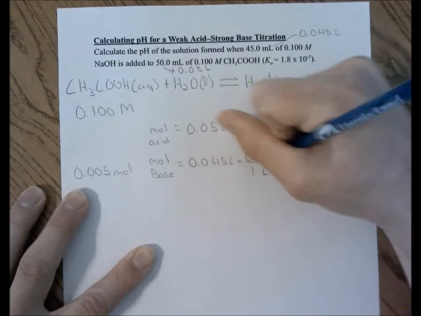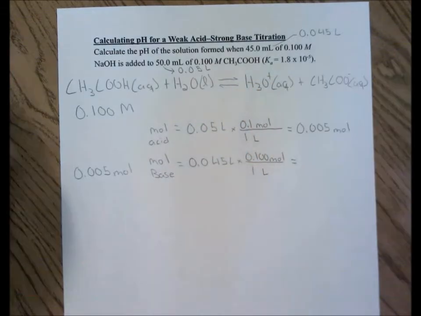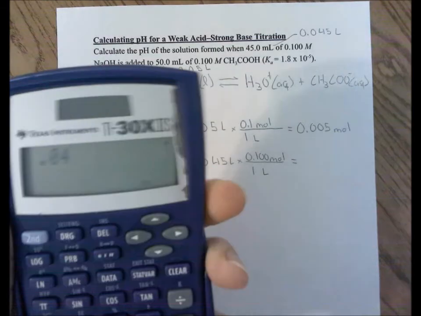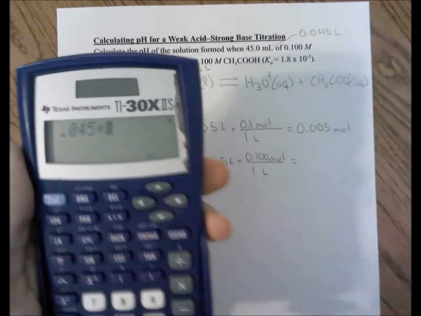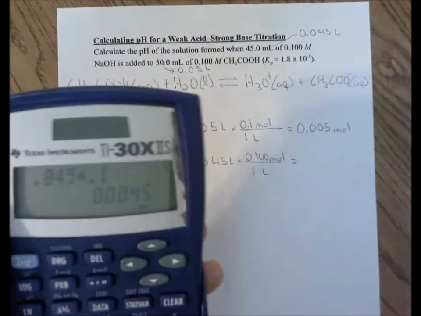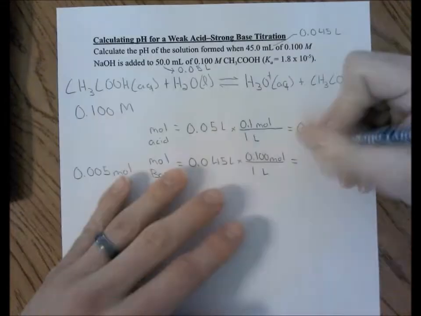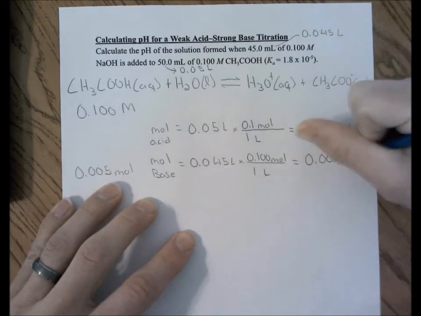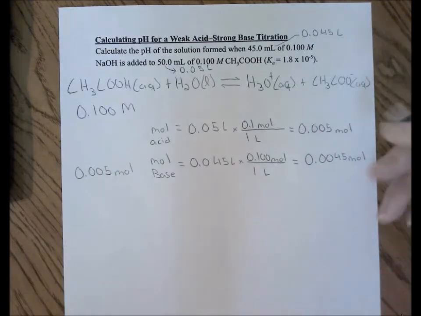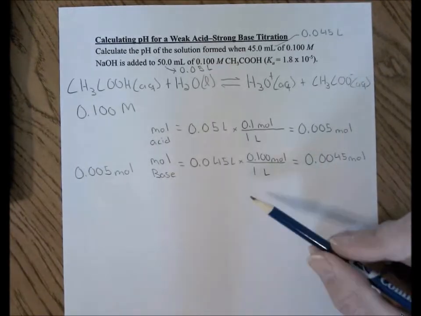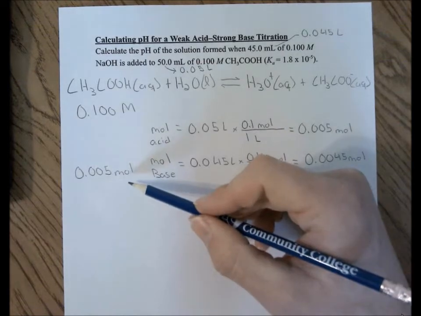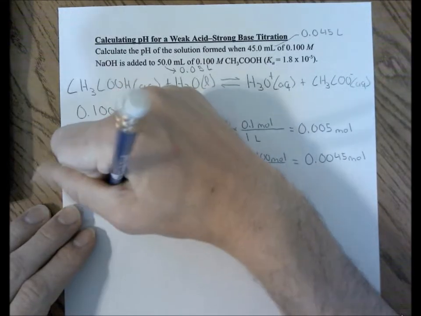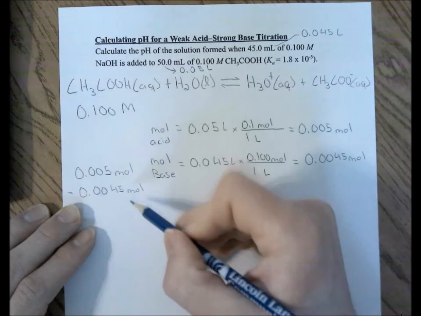So in solution, when we added this, we have 0.045 times 0.1 to give us 0.0045 moles of base. Now, it's really important to pay attention to this. For every 1 mole of base that we add, we have to take away a mole of acid. So we take away 0.0045 moles of our acid.